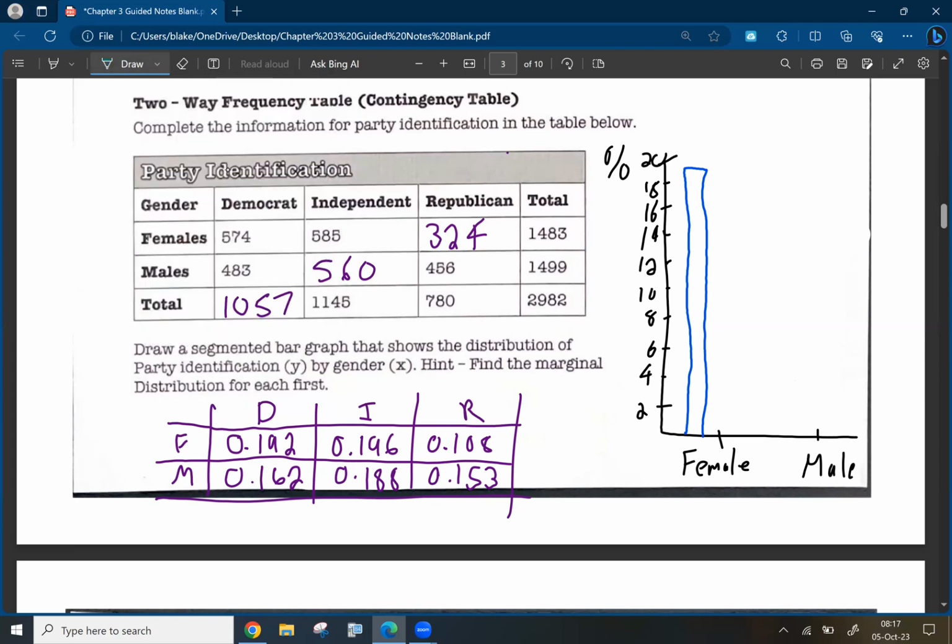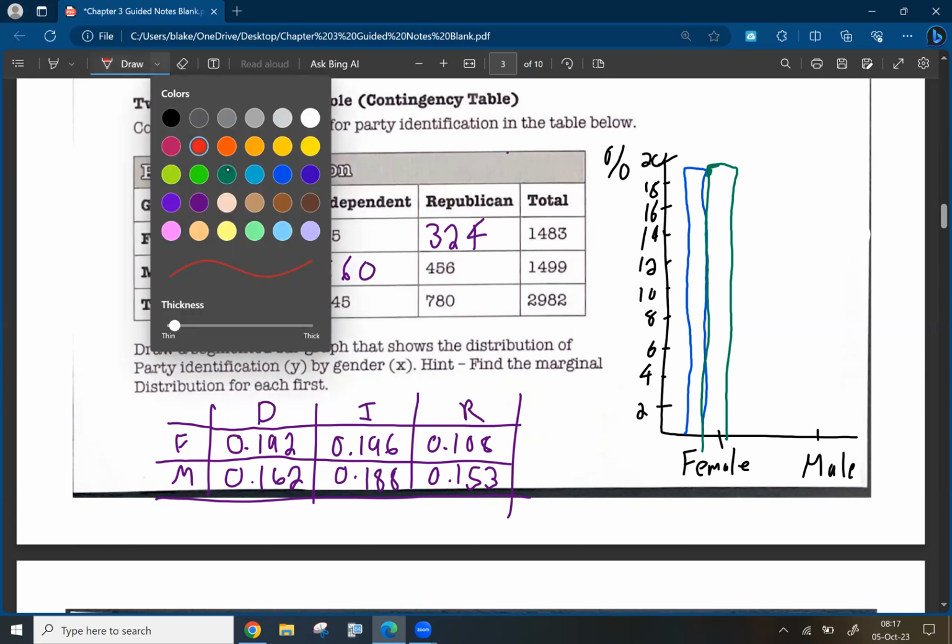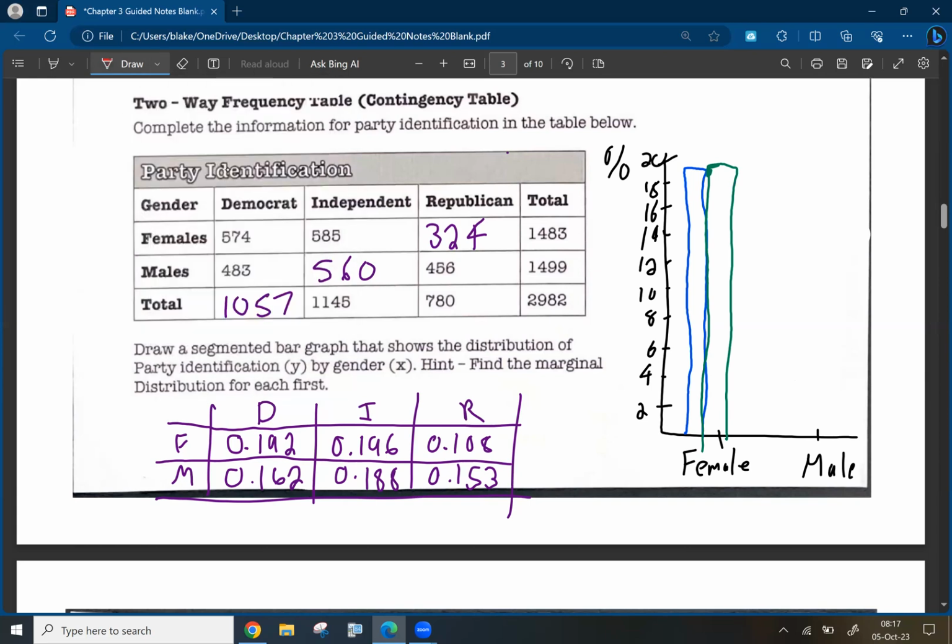So that one's going to be just slightly larger. You can see that those bars are essentially side by side. And then last one, the female Republican, right alongside. It's going to be 10.8, so just over 10, just under 11, about here-ish.